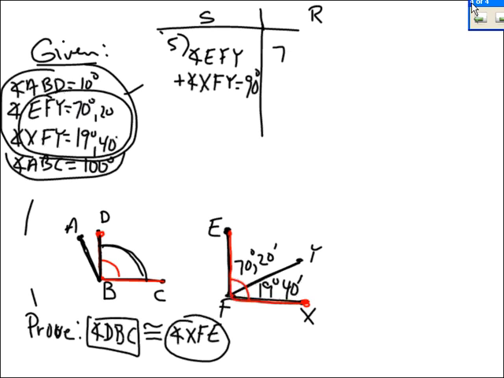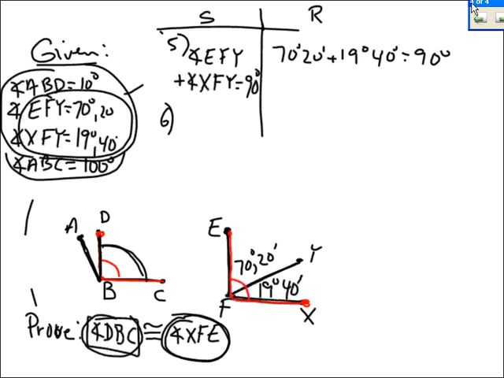The reason is 70 degrees, 20 minutes, plus 19 degrees, 40 minutes is equal to 90 degrees. All right. Now I have both of these angles on the bottom equal to 90 degrees.